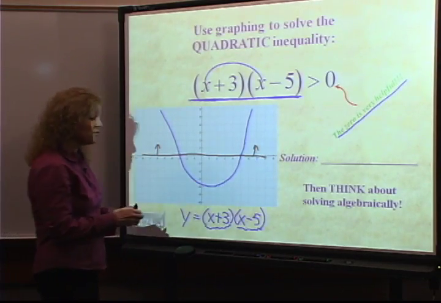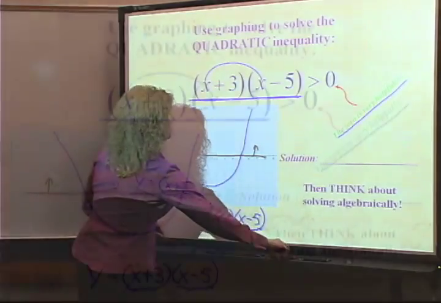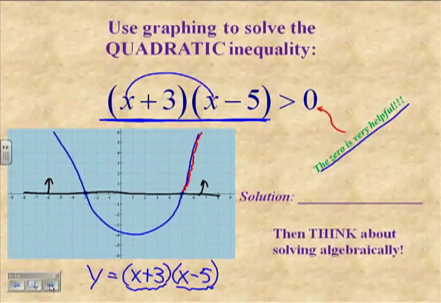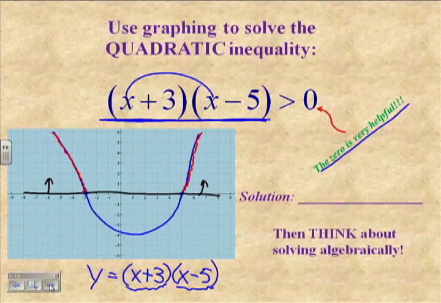So where are those values for x? Well, it's going to be anywhere along this portion of the parabola, and you know that continues on forever, or anywhere along here. And technically we have open circles on our axis because we can't let it be equal to 0, it's strictly greater.